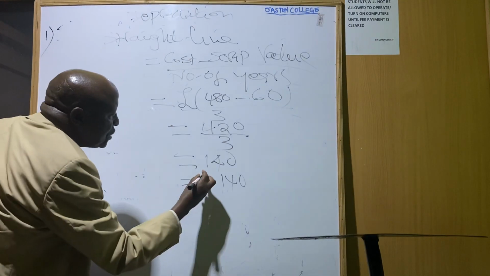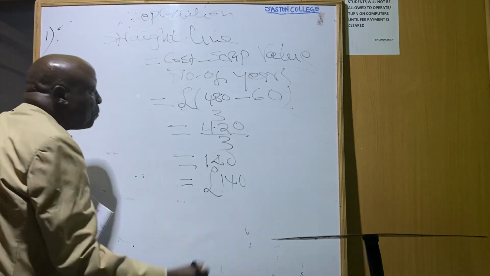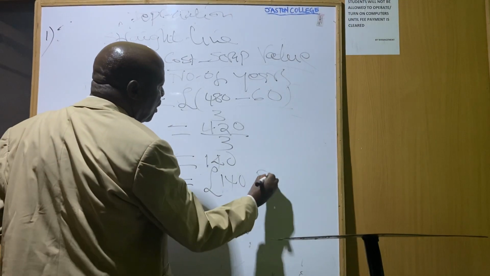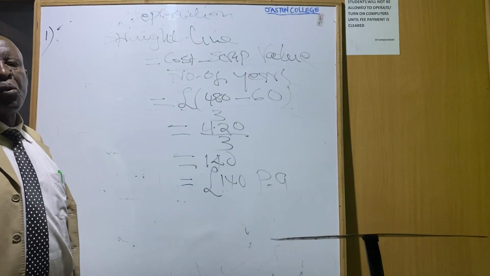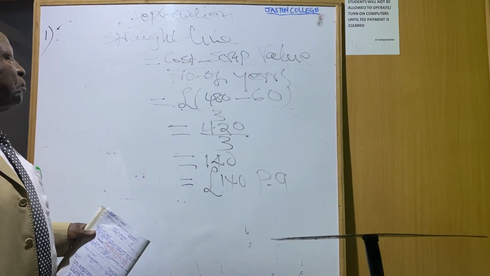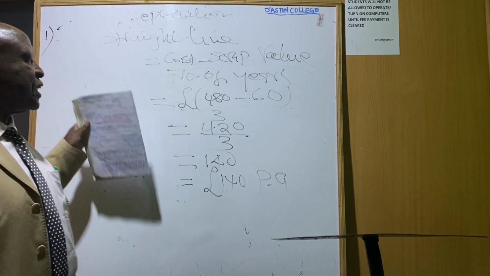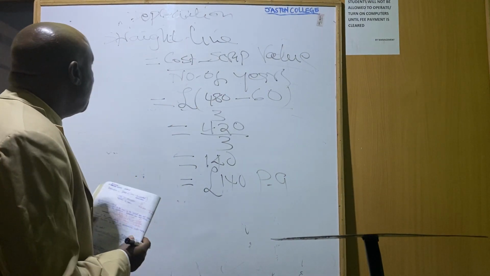It will be 140 pounds per annum. This will be our depreciation on a straight line method.